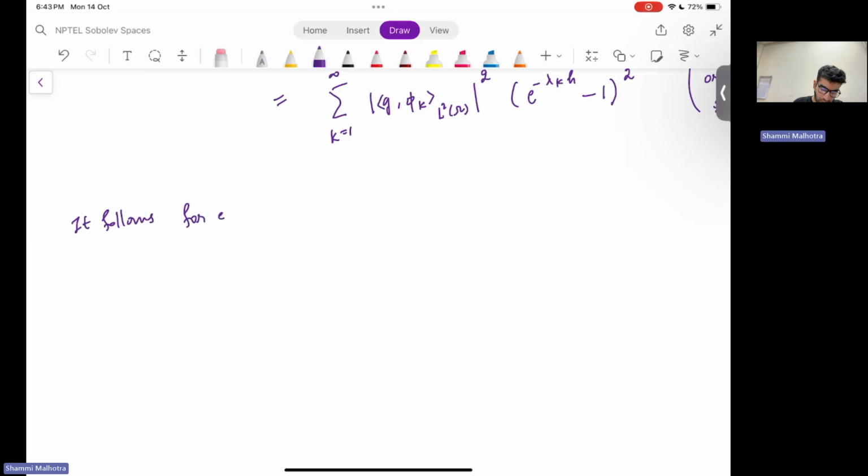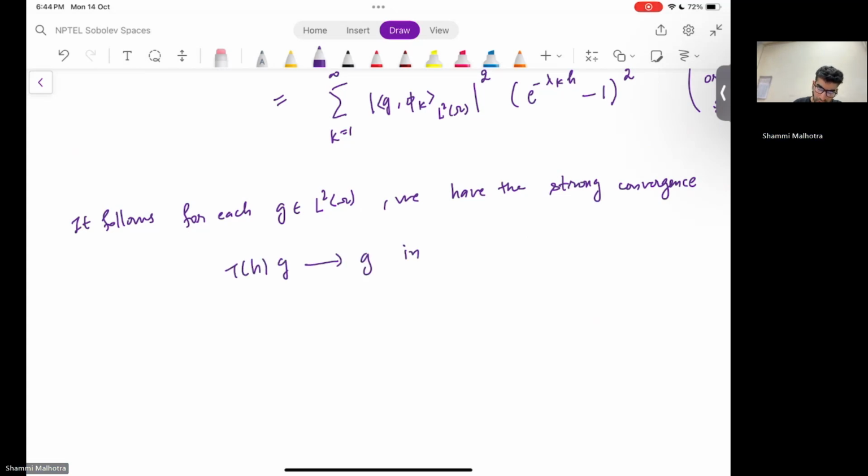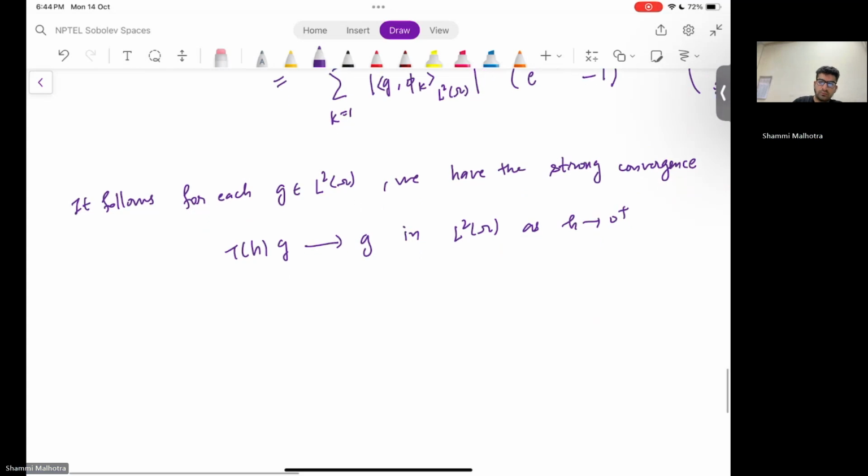for each g in L2(Ω), we have the strong convergence, that is T_h g converges to g in L2(Ω) as h tends to 0 plus.